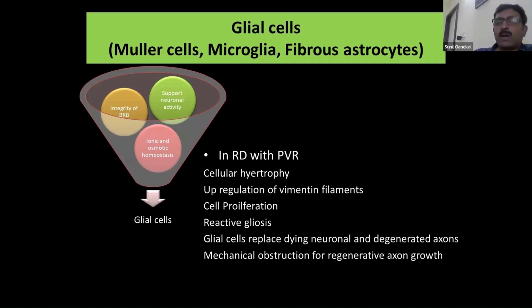There will be upregulation of something known as vimentin on the surface of these glial cells, which in turn leads to cellular proliferation, the gliosis. The glial cells, once they develop in PVR, tend to replace the dying neuronal degenerative axons. So mechanically, there is an obstruction to the normal regenerative process of the axons once the PVR process occurs.